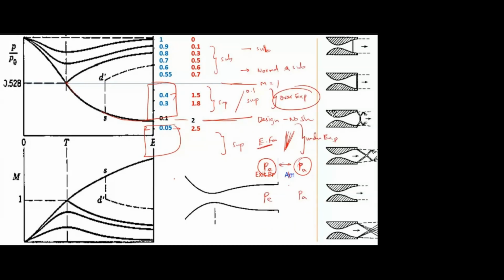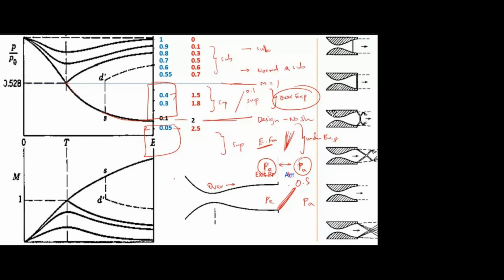Okay, so can you first say for the over expanded nozzle how to relate PE and PA? PE is greater than PA. So over expansion means, here I have PE, here I have PA. Over expansion means there is an oblique shock, right?